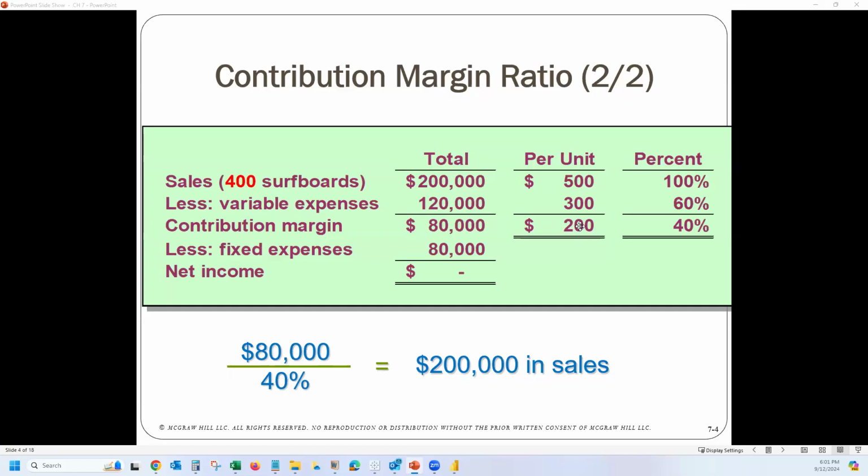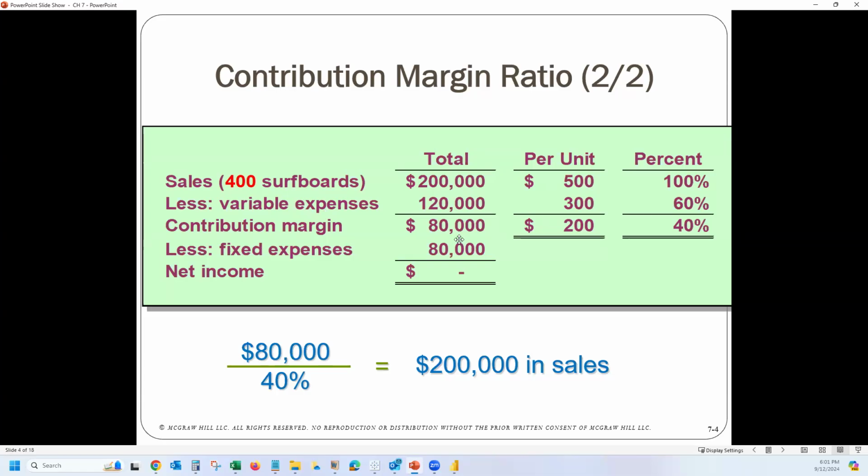To do that, you need to know your fixed cost. Your fixed cost is 80,000. Your contribution margin per unit is $200. Now, if you divide 80,000 by $200, that is going to give you 400 softboards that must be sold in order to break even. So your break-even in units is going to be 400 softboards.